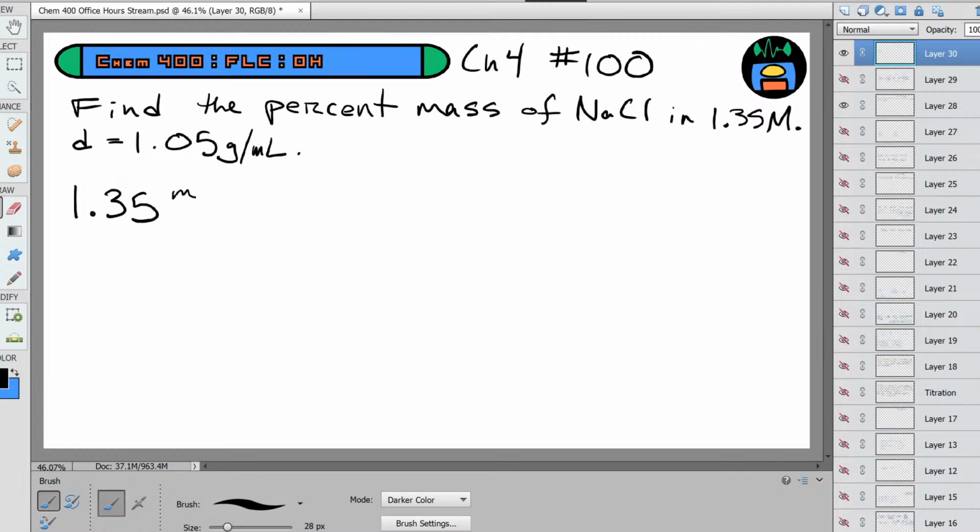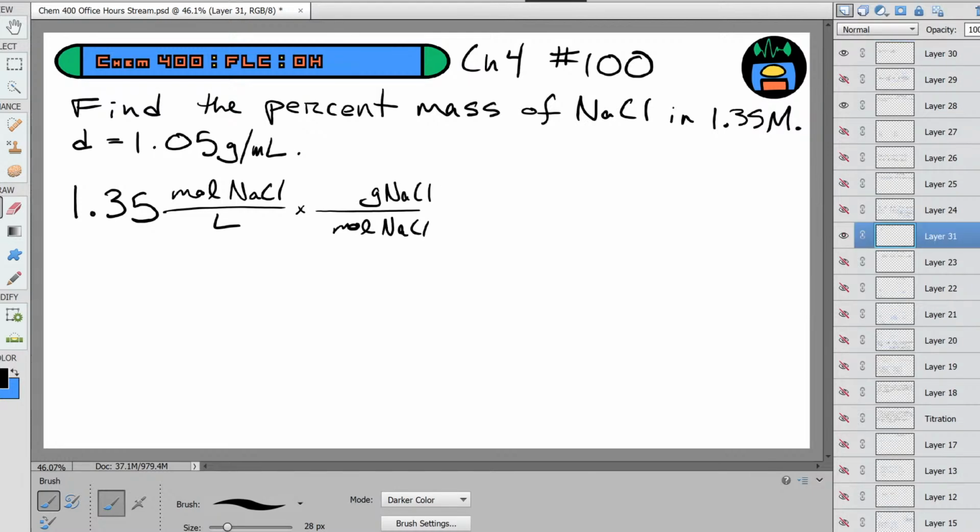1.35 moles of sodium chloride per liter. First, let's convert moles of NaCl to grams. Sodium has an atomic mass of 22.99. Chlorine has an atomic mass of 35.45.